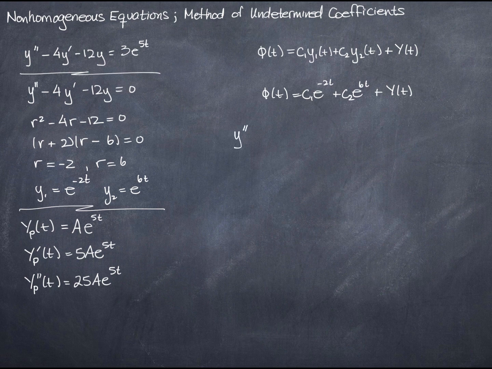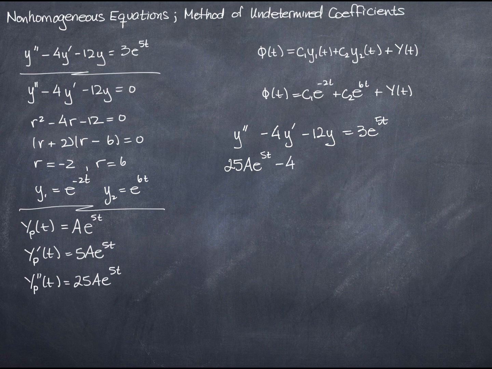I'll be rewriting y double prime minus 4y prime minus 12y equals 3 e to the 5t, with what I know y double prime to be, if my answer turns out to be correct, it's 25a e to the 5t.